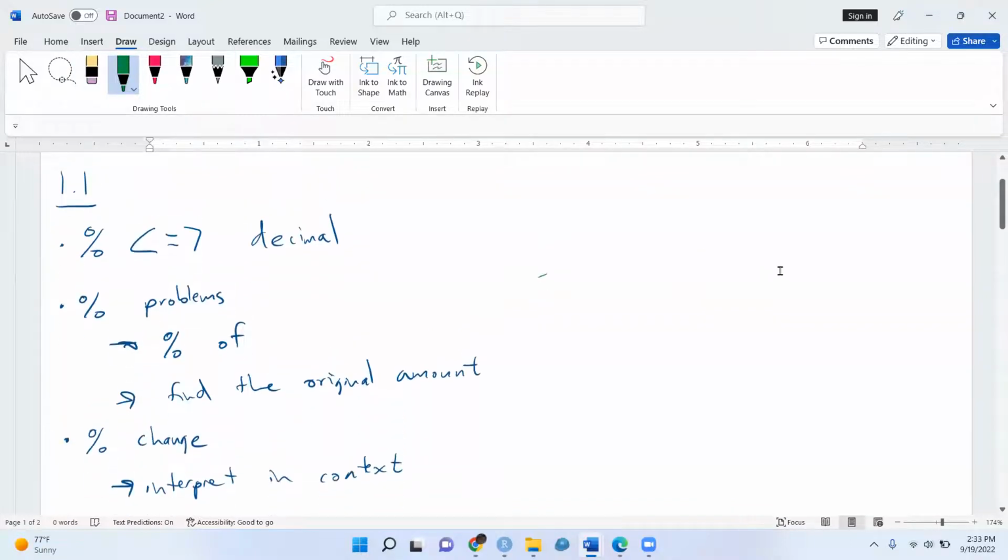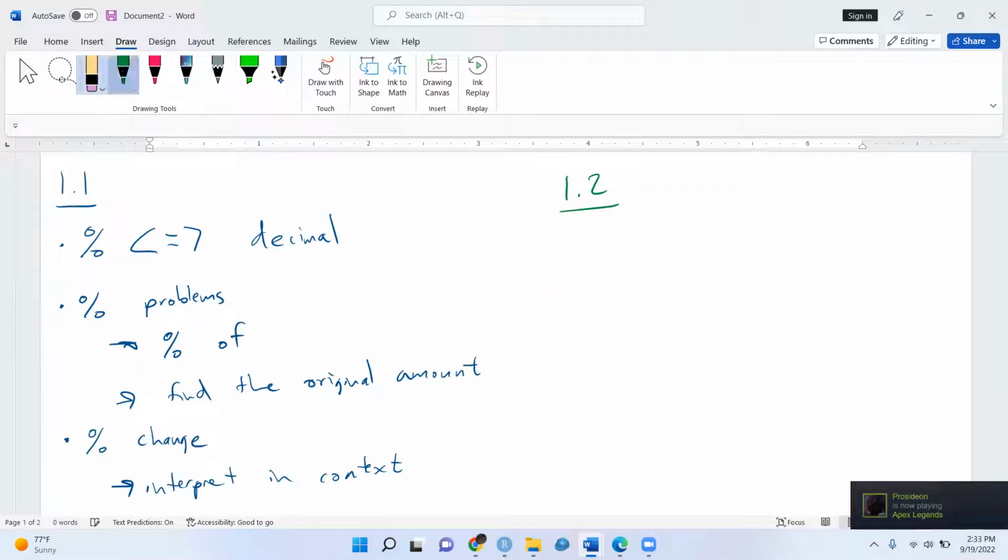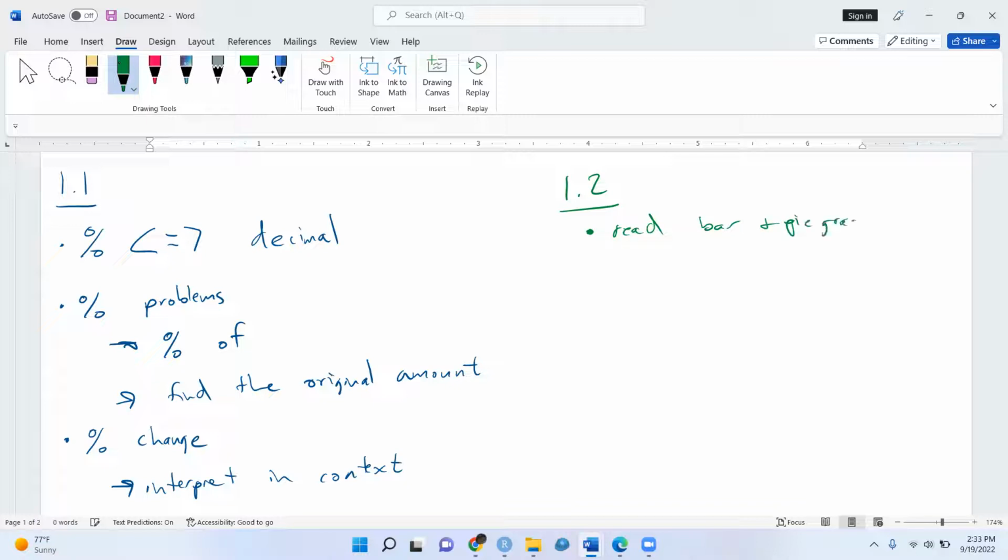1-2 is essentially what your project is. So there's not going to be any create a pie graph or create a bar graph like there is in 1-2. So really the kinds of things from 1-2 is reading bar and pie graphs, and then doing percent and degree calculations from bar and pie graphs.